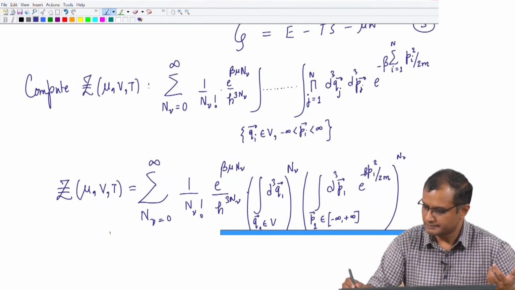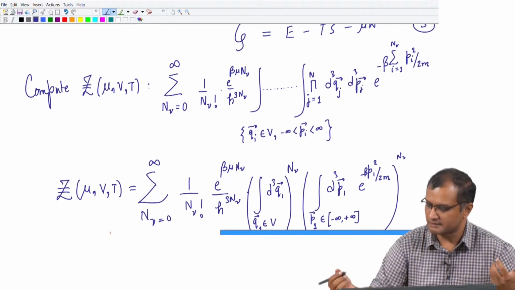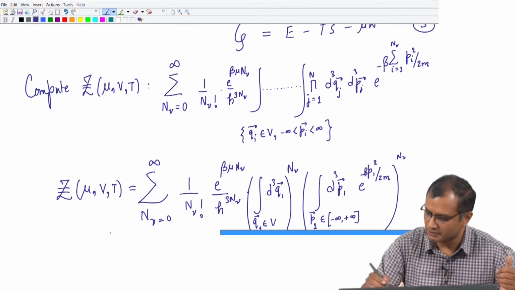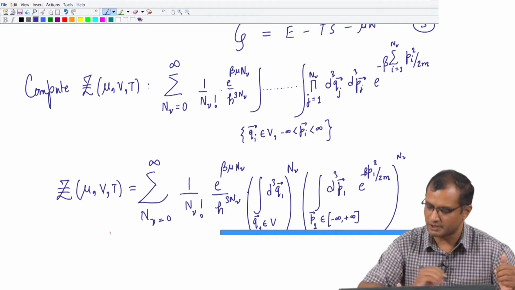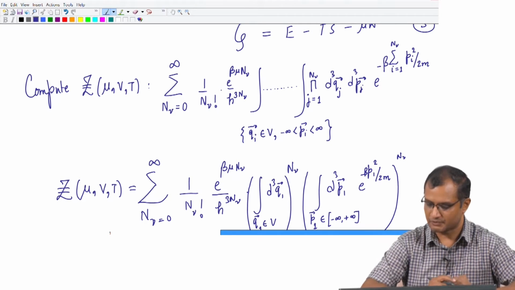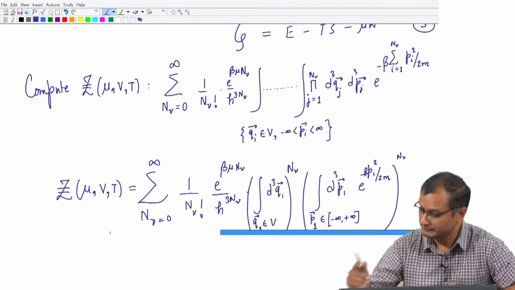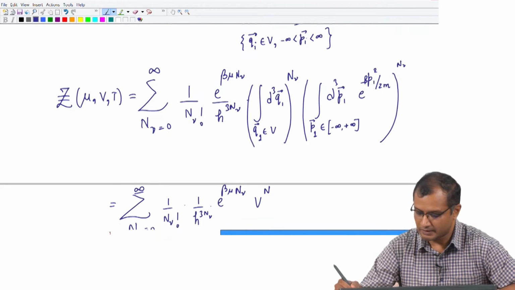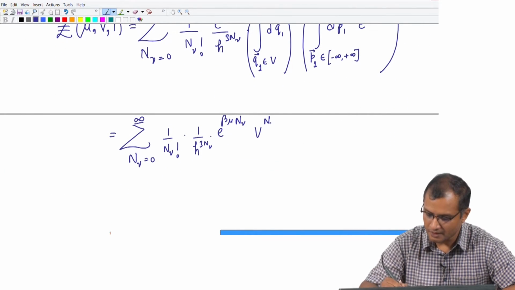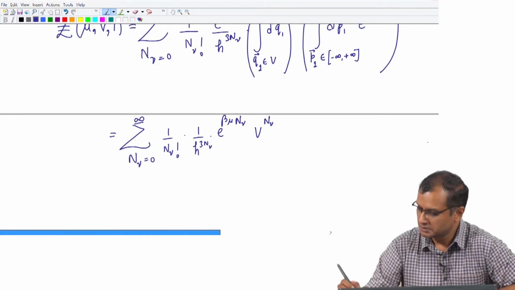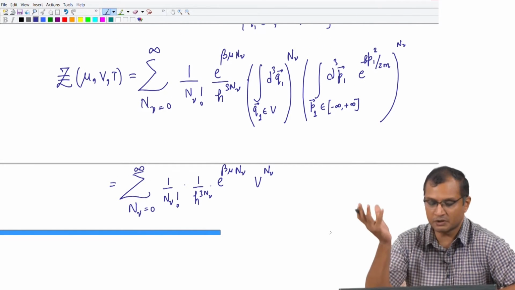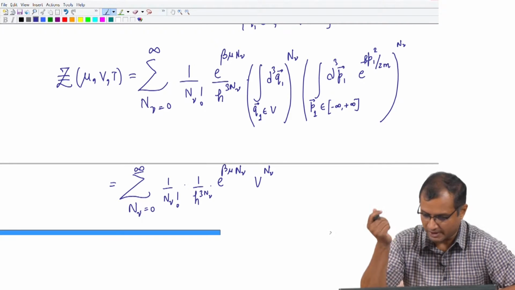And similarly, either the summation here goes from 1 to n nu and the product also goes from 1 to n nu, absolutely, yes. And so, this is V to the power n nu, because this is the number of particles in the nuth microstate, which is summed over outside.